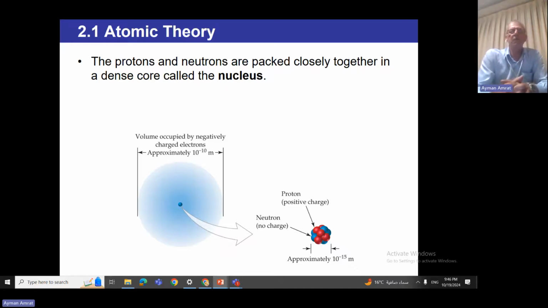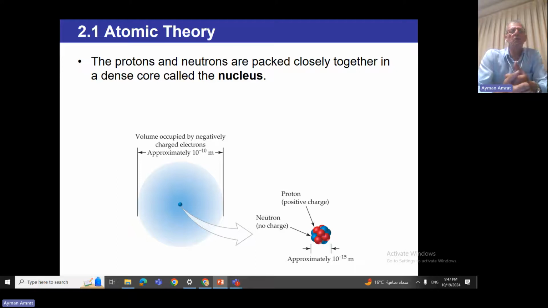The atom is viewed like the solar system: at the center is the nucleus, containing protons and neutrons packed closely together in a dense core, about 10 to the power minus 15 meter, while electrons move around the nucleus in a slightly larger volume.